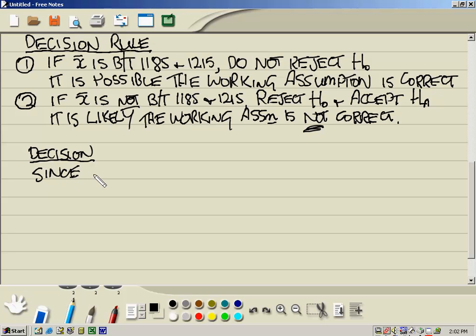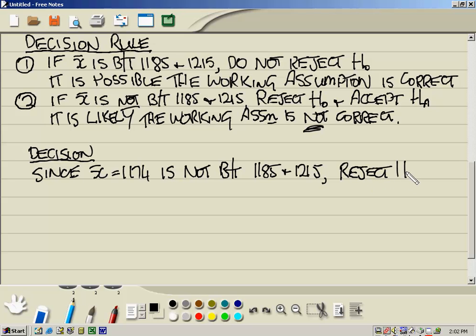since our particular sample average is 1174, it is not between those two limits of the acceptance region, the 1185 and the 1215. Alright, following part 2 of the decision rule, I'll just write it as the decision rule goes. We'll reject the null and accept the alternate.